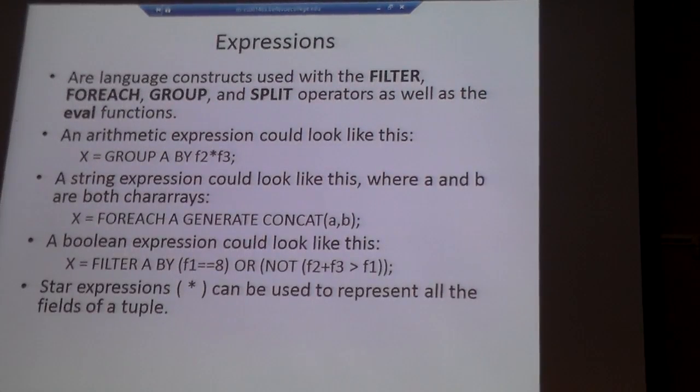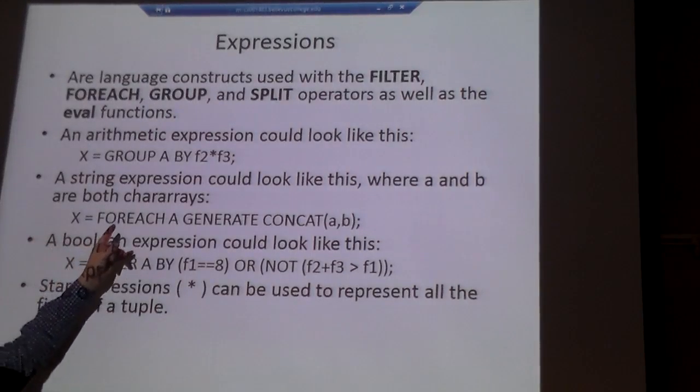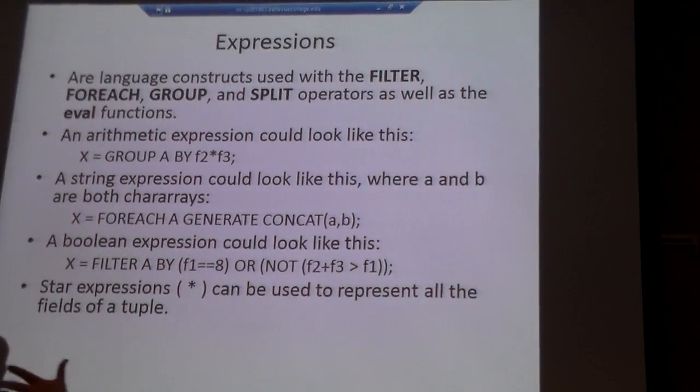There are things called expressions. You use expressions to filter, to for loop, to group, to split, and there's even something called eval. An arithmetic expression could look like this. When you say X equals, or my data equals, or Z equals, you're defining a new subset of data, a new big chunk of data.